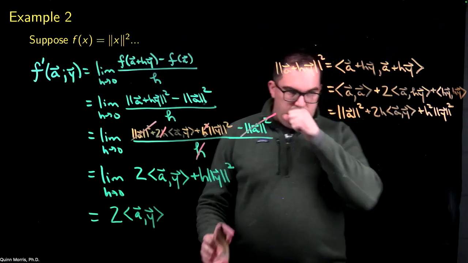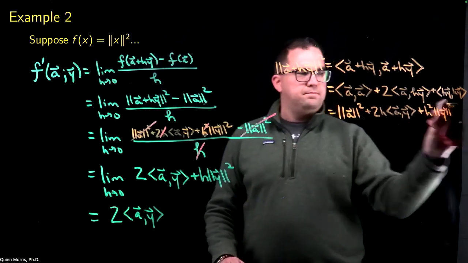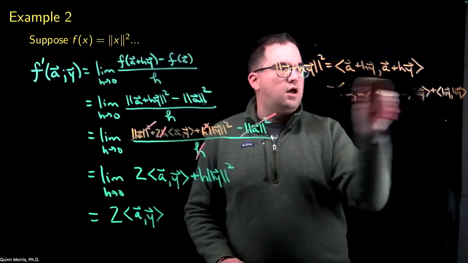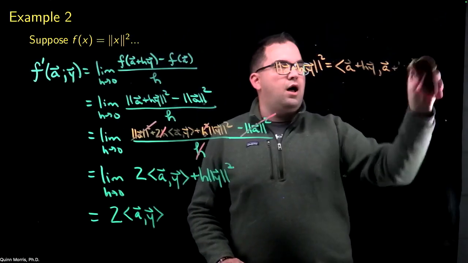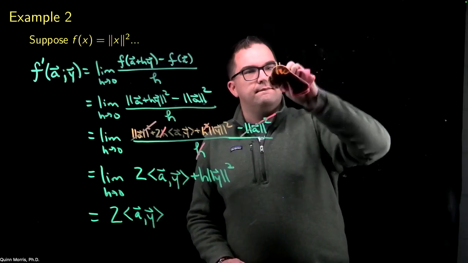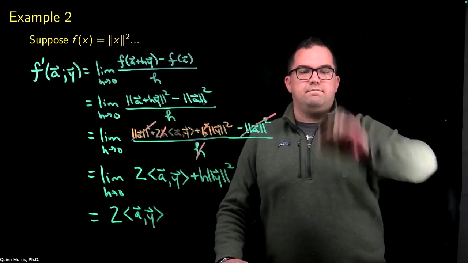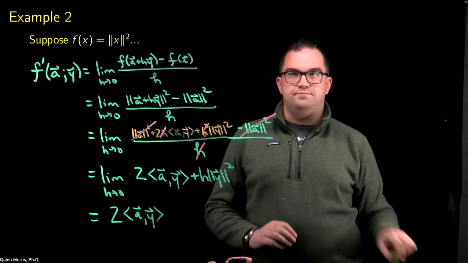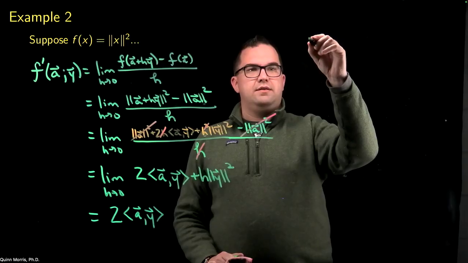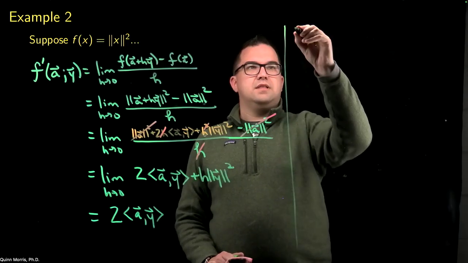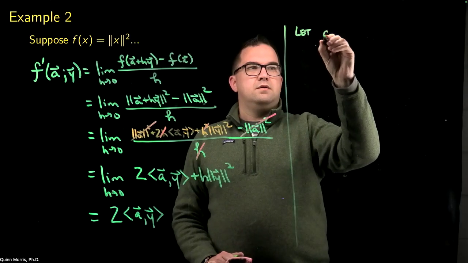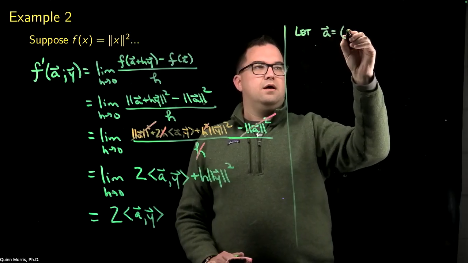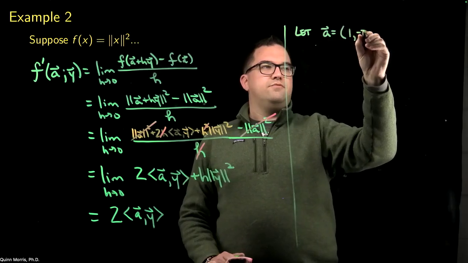So let's solidify this a little bit. Let's actually plug in some particular values of a and y. Given this formula that we've now proven, I could imagine, okay, let a be a fixed vector, say (1, -2).